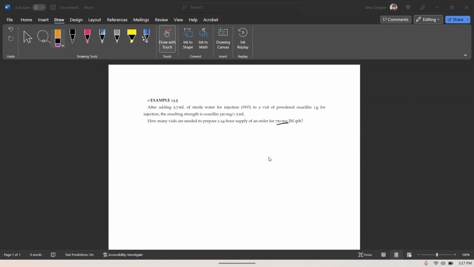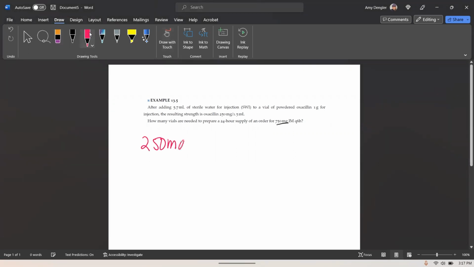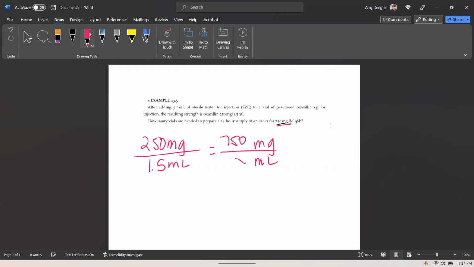So we're going to do a proportion, of course. On one side, we're going to put the strength of the medication, 250 milligrams per 1.5 ml. We know we need to have the same units across, and we have an order for 750 milligrams. How many ml is that?